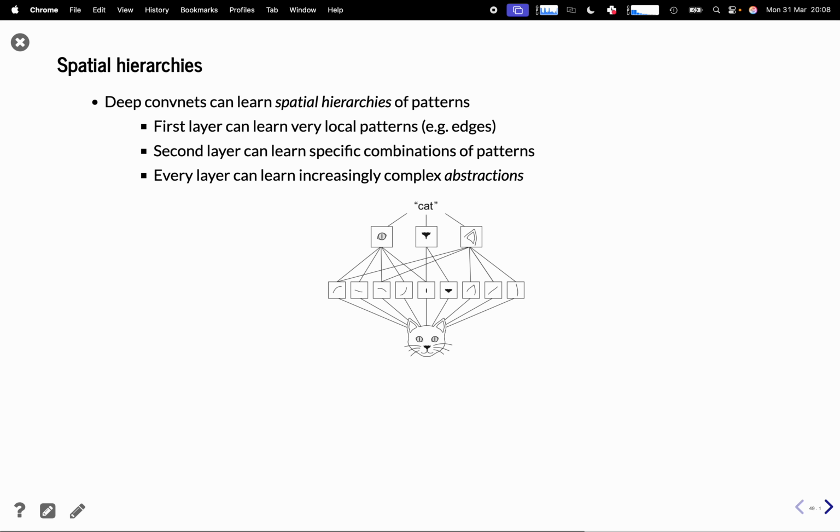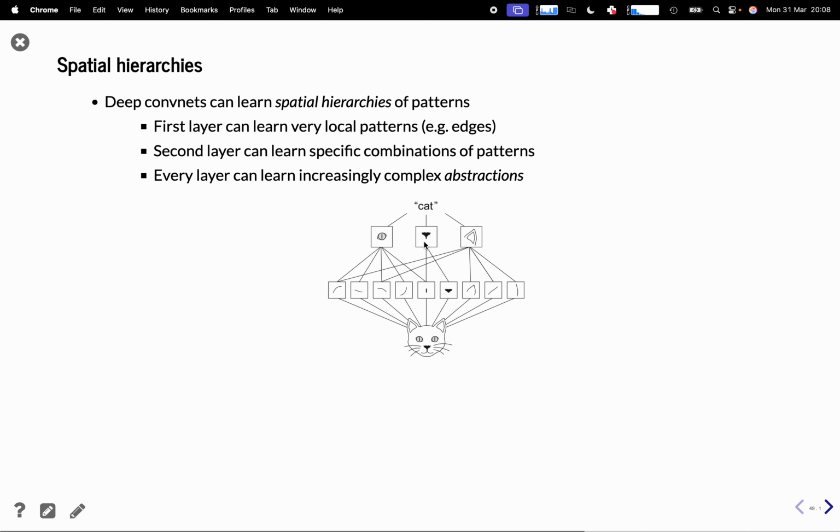Okay. Yeah, so from this we learned that these convolutional layers learn spatial hierarchies of patterns. We saw that the first layers only learn very small things, like vertical lines or particular small aspects of the image, while deeper ones respond to eyes or ears or noses in the cat.